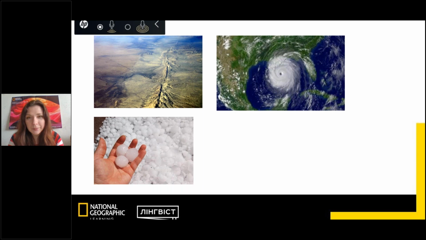And the last one, that is a photo of a hurricane, somewhere from the satellite, I guess. In the middle there is the center of the hurricane, and we call it the eye of the hurricane, right?